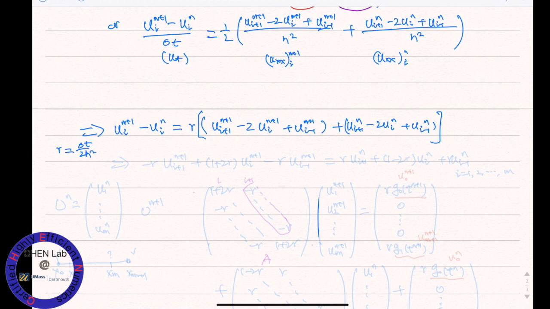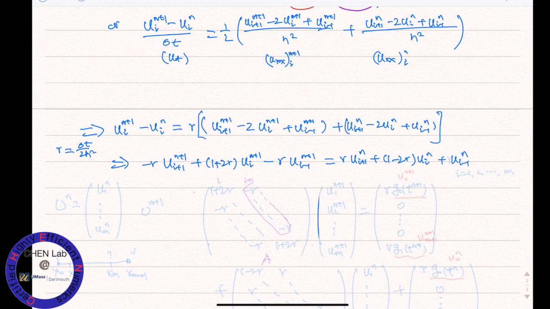We easily see that we have negative r u_{i+1}^{n+1} plus (1 plus 2r) u_i^{n+1} minus r u_{i-1}^{n+1}, equal to r u_{i+1}^n plus (1 minus 2r) u_i^n plus r u_{i-1}^n.